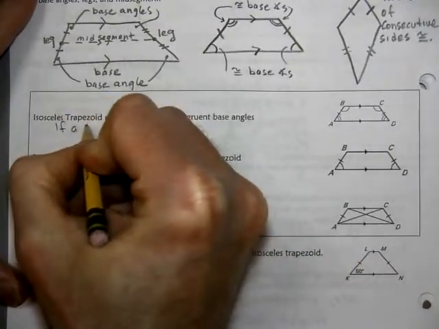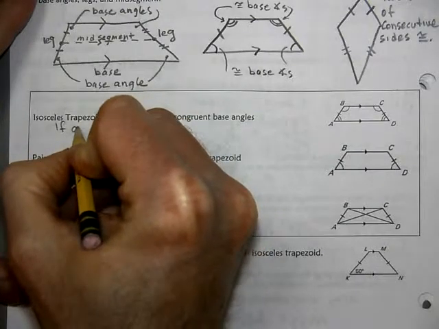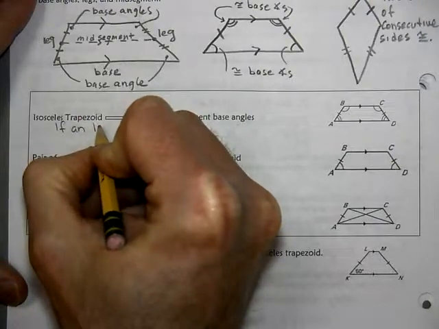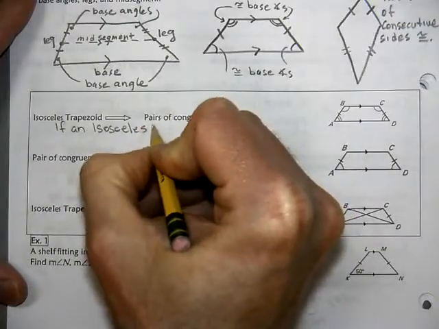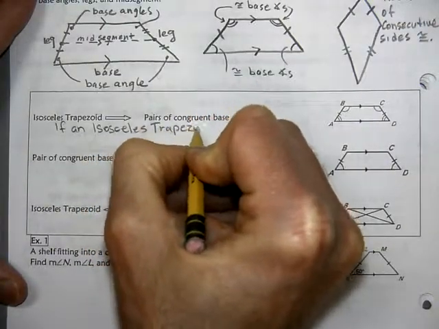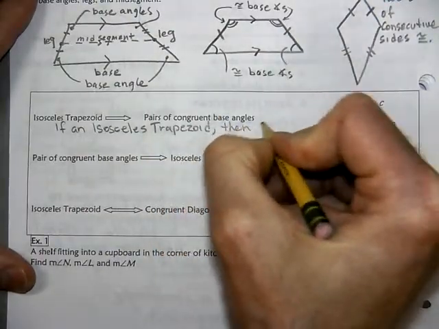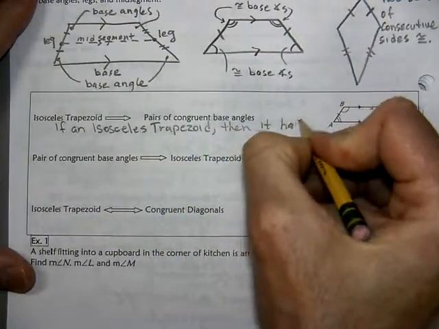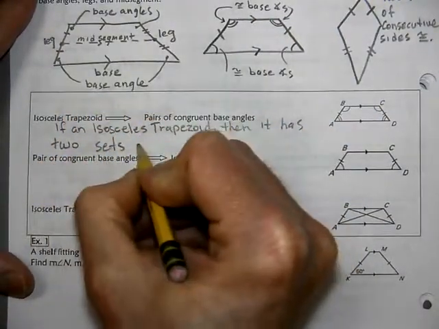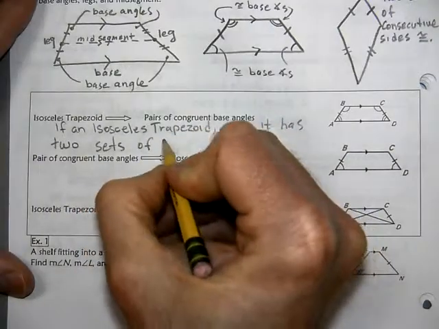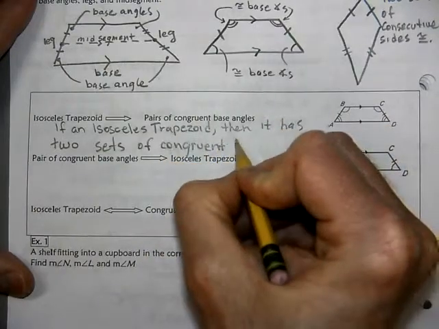If you have an isosceles trapezoid, then it has two sets of congruent base angles.